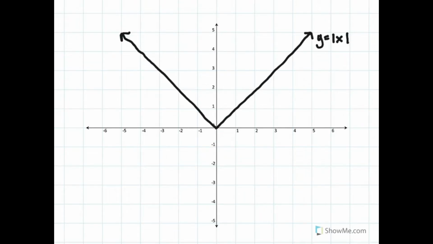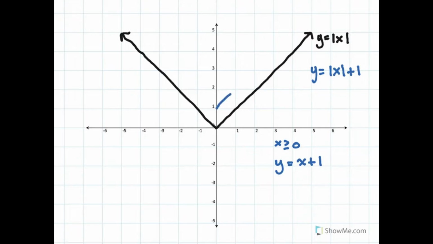The effect of adding a constant outside the absolute value is what we would expect. It's just like adding a constant to a line, because when x is greater than or equal to 0, this is the line y equals x plus 1. So it's the same as the line y equals x.